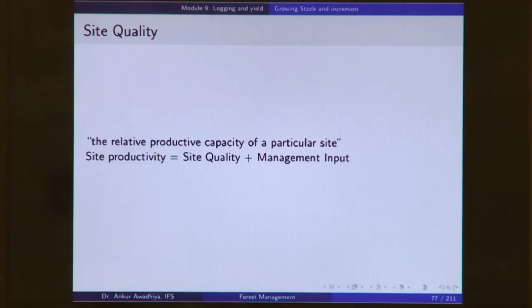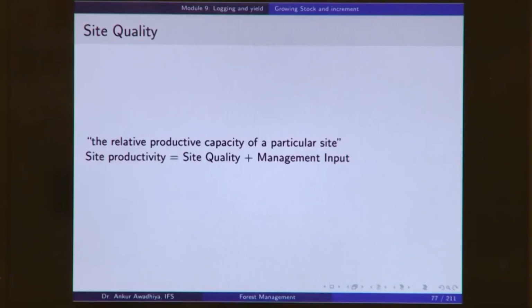It also at times depends on those factors that are out of our control. So, suppose you have a site which recently suffered from a forest fire, the plants are gone. So, now the increment will be 0, because you do not have any trees on that piece of land. So, it also depends on catastrophic events.